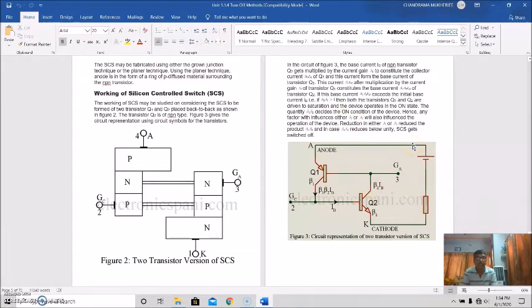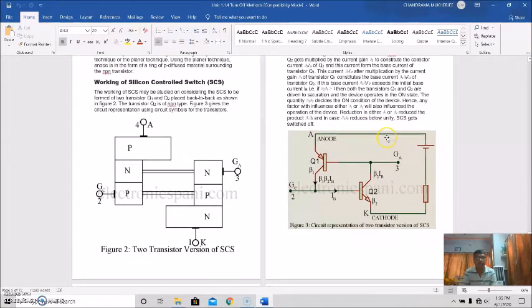Hence, any factor which influences either beta 1 or beta 2 will also influence the operation of the device. Reduction in either beta 1 or beta 2 reduces the product, and in case beta 1 beta 2 reduces below unity, the SCS gets switched off.